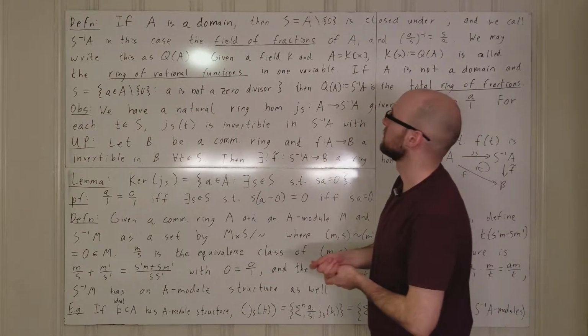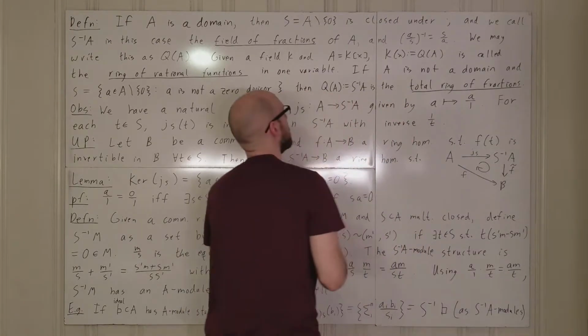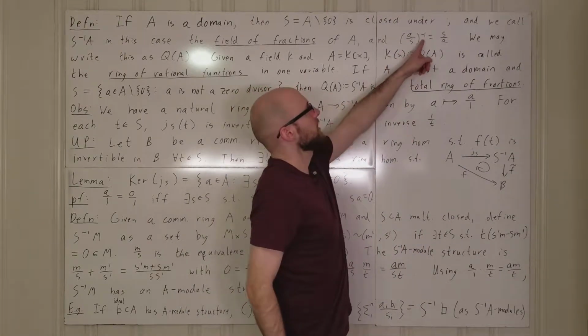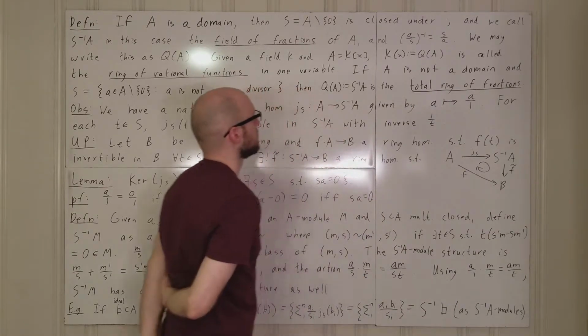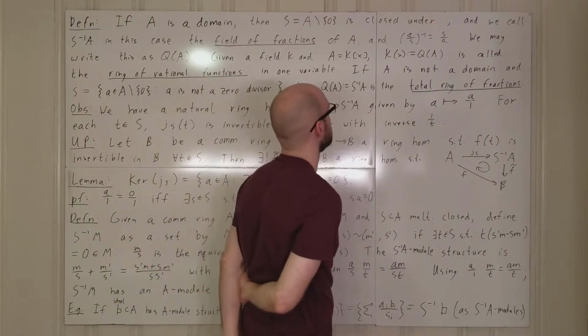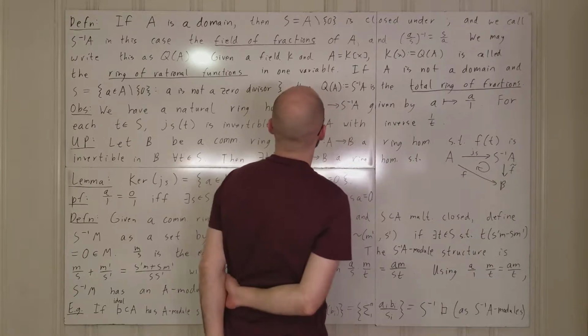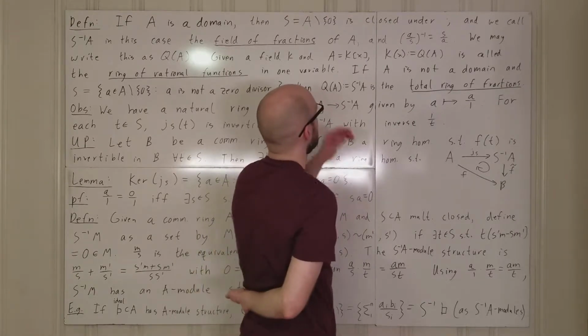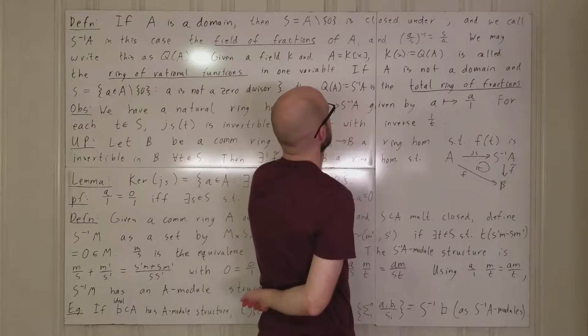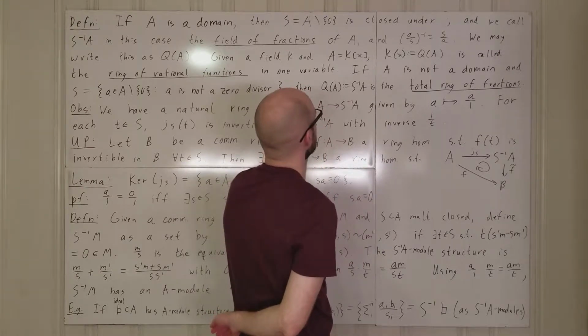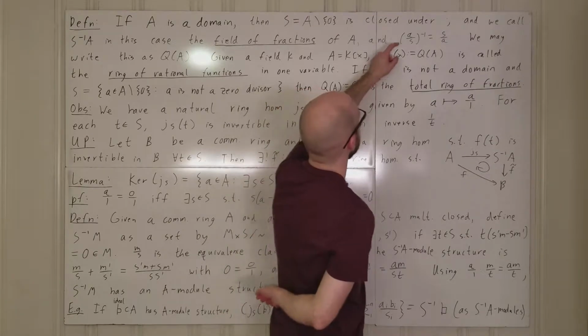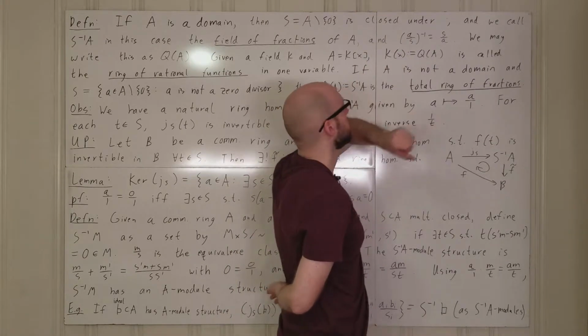And we call it that because it's a field. Because the inverse of A over S is S over A, just like you would do in the rationals. And this works in this scenario because, let's see here.